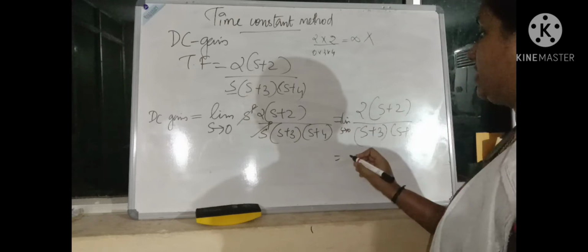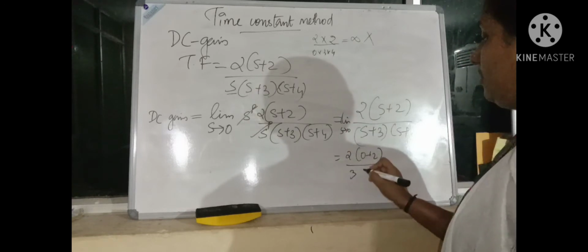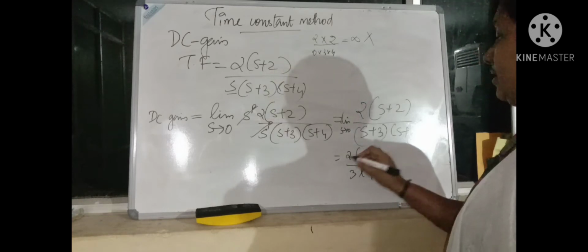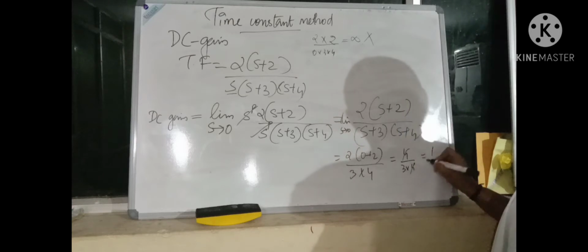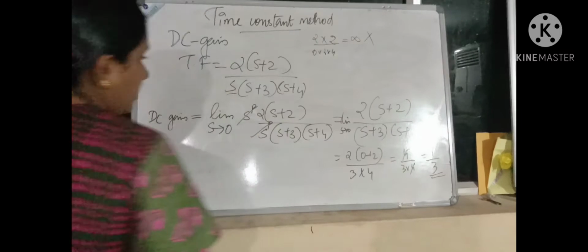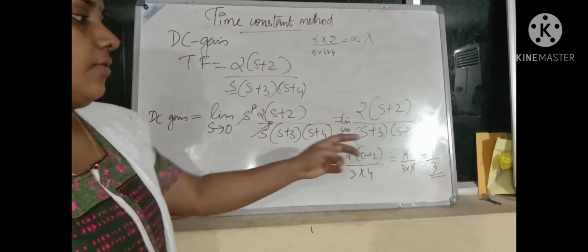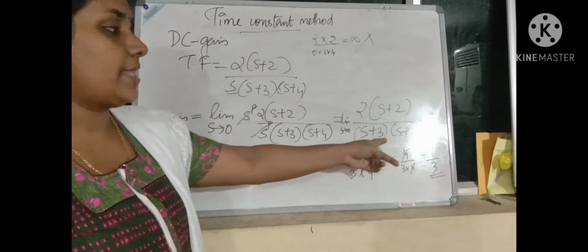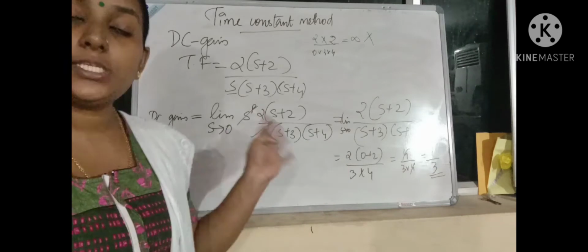Next apply S equal to 0, that is 2 into 2 divided by 3 into 4, right? Here 4 divided by 3 into 4, 4 and 4 cancel, that is 1 by 3 is the DC gain for this question, right? Okay, clear? And 1 by 3 divided by the significant pole. Okay, this is the transfer function of this type of question.